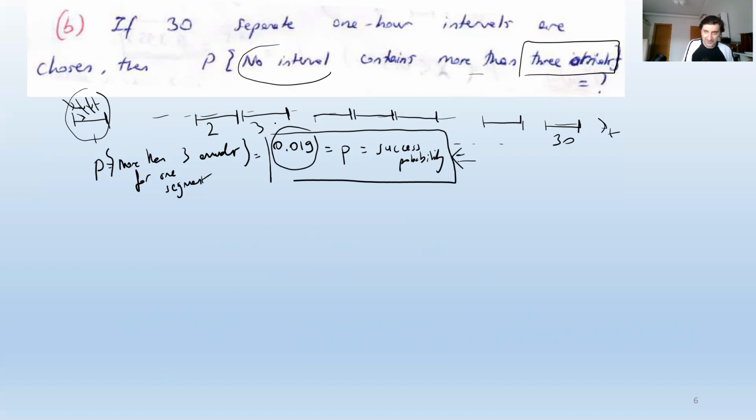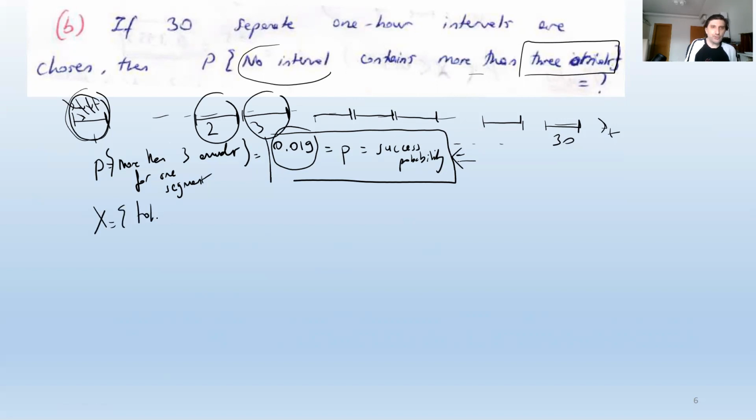Therefore, what we have here is actually a binomial random variable. You should realize that, because each of these trials consists of one segment satisfying this condition or not. So now I'm going to define a new random variable x.